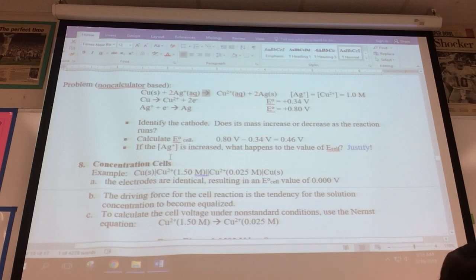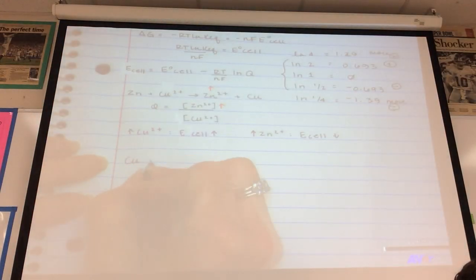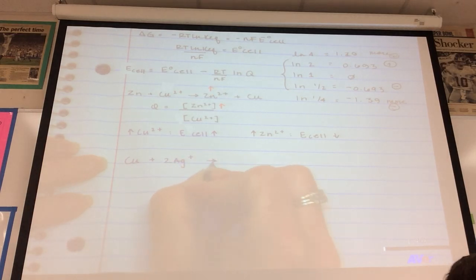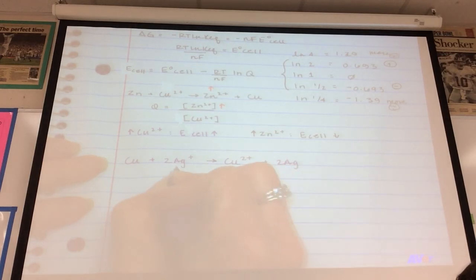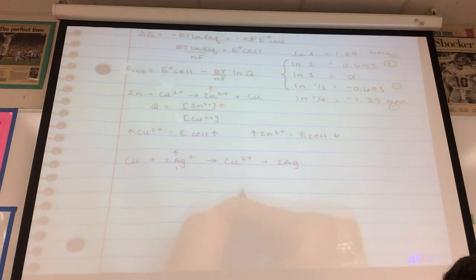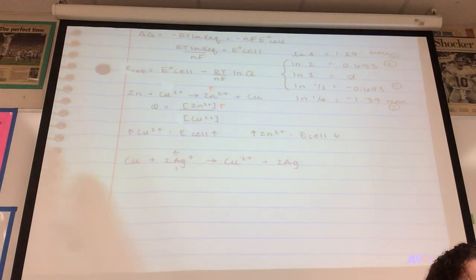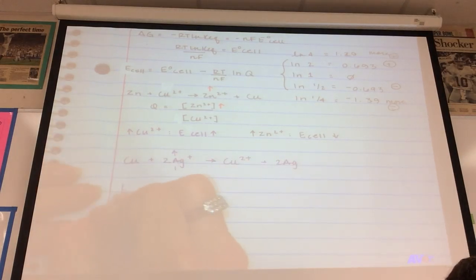Very straightforward. However, can you explain it in terms of the Nernst equation? So you've got copper plus 2 silver ion generating copper 2 plus 2 silver. You're increasing this. And again, you see, forward reaction. You know that Ecell under non-standard conditions increases.